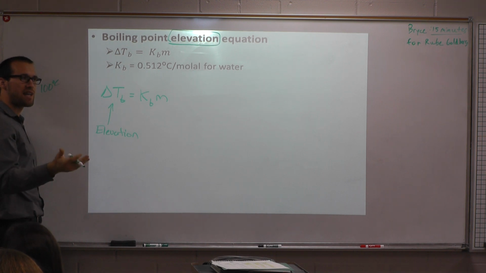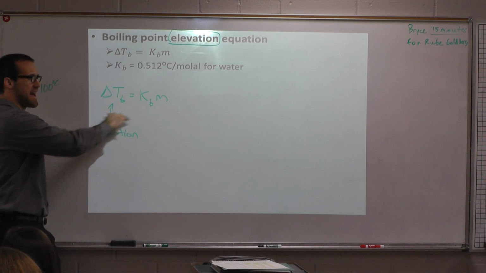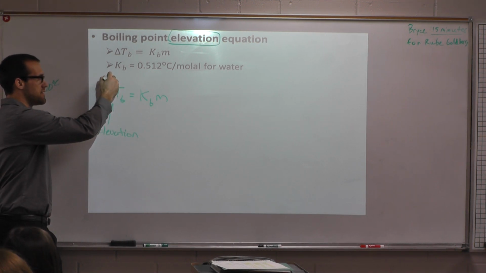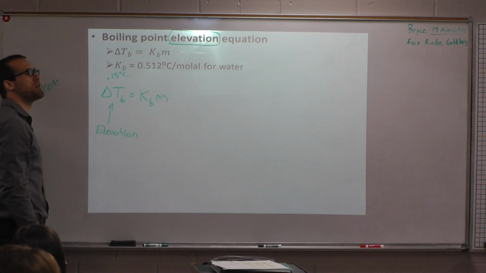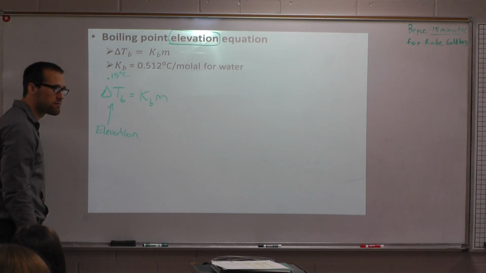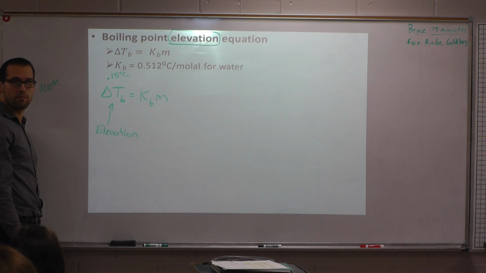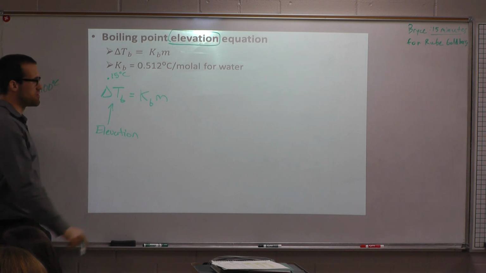If I make it a solution, it's going to boil at a higher temperature. So let's say I do the math and I figure out that the change in TB was 0.15 degrees Celsius. What would be the boiling point of that solution? 100.15. Everybody catch that?